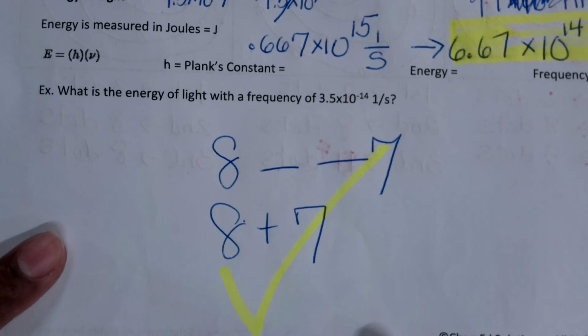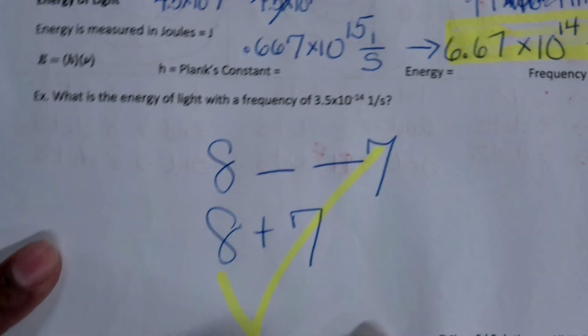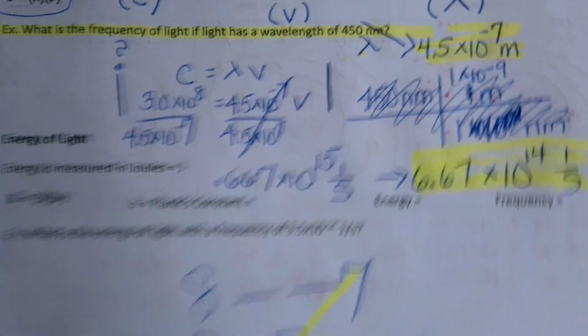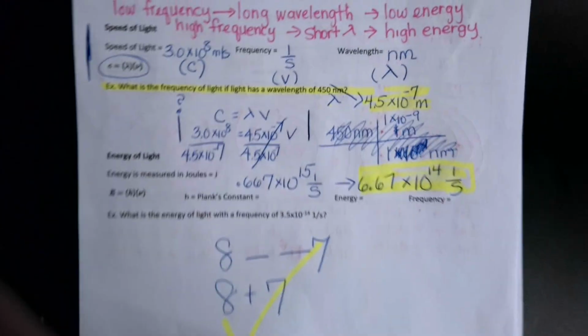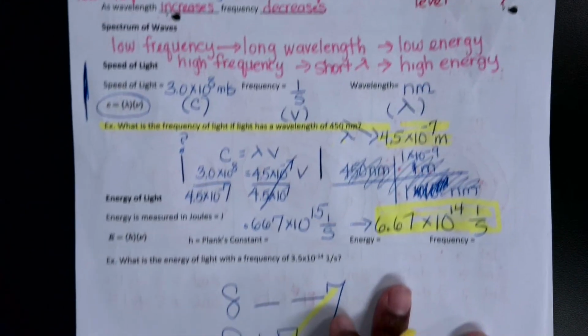Put a check on that problem. This is showing that you completed it. When we do the folder stuff, check. Just put a check. And then we're going to do the color by number.